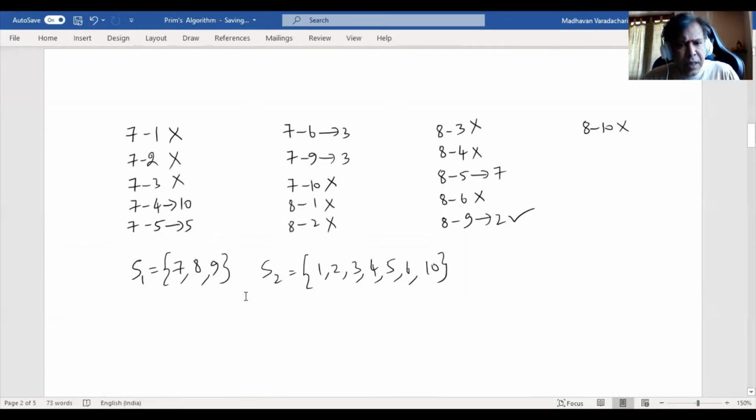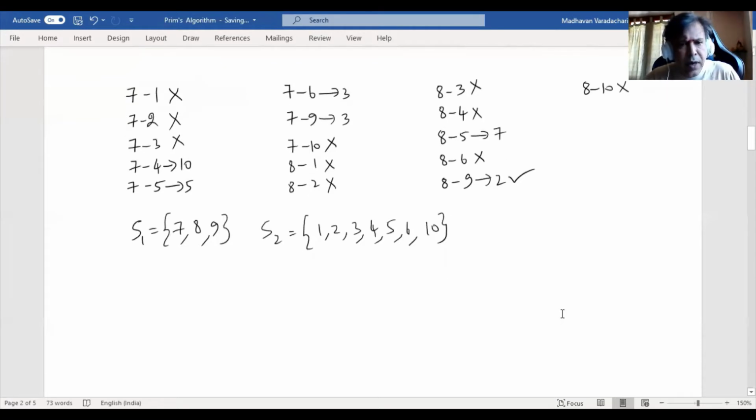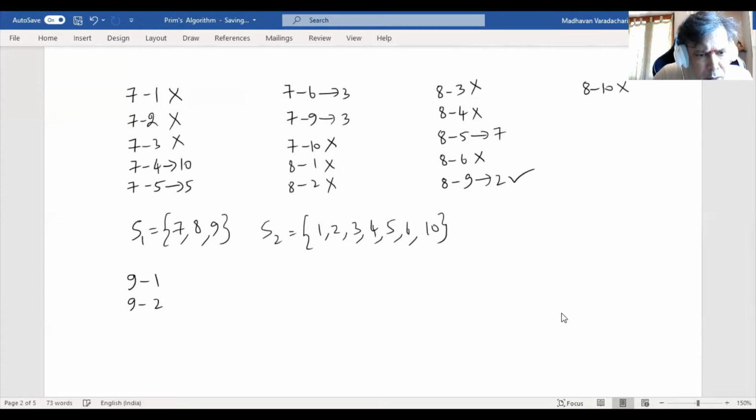Already we wrote everything possible from 7 to all the numbers, 8 to all the numbers also we wrote. Now we have to write only from 9 to 1, 9 to 2, 9 to 3, 9 to 4, 9 to 5. Then I can write 9 to 6, 9 to 10.